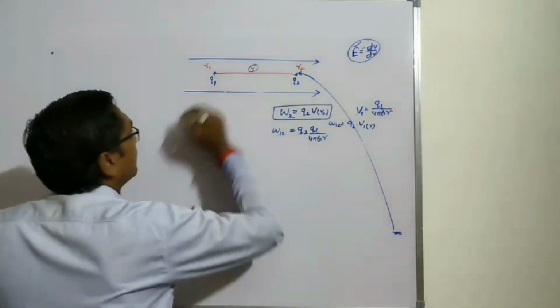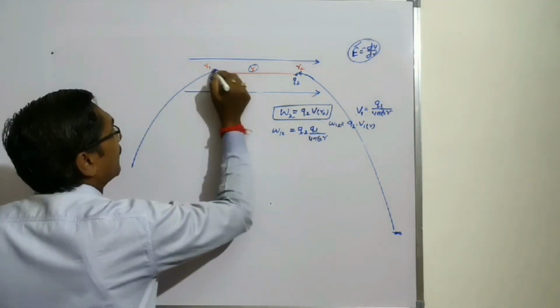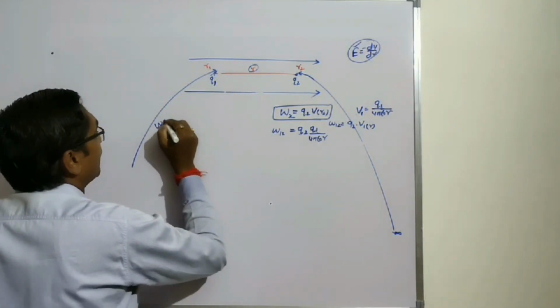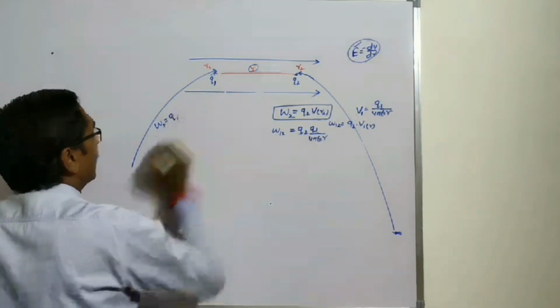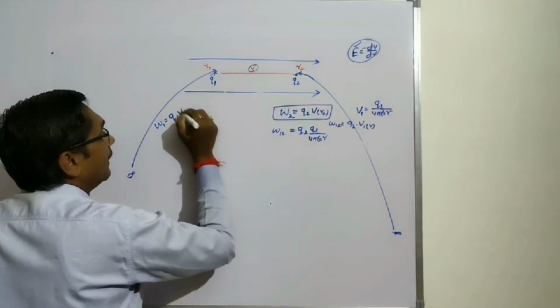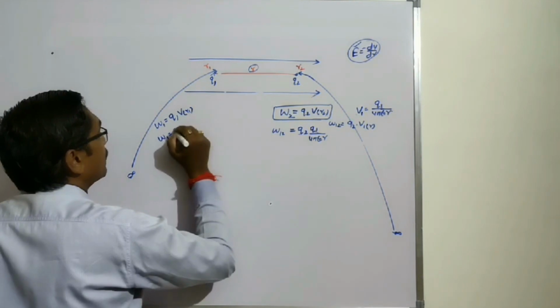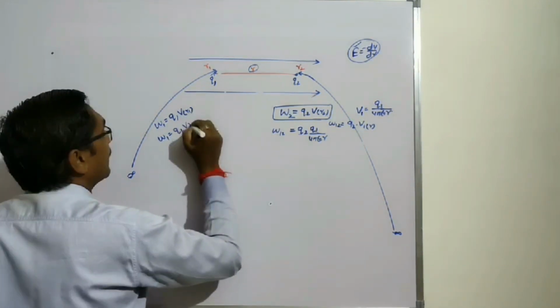And similarly, when we bring the test charge from infinity to this point, the work done W1 is equal to Q1 V(R1).